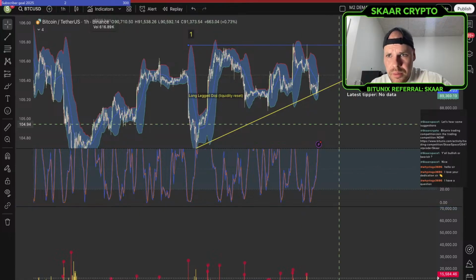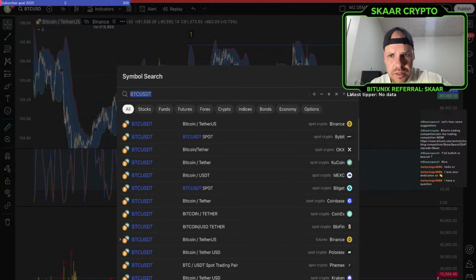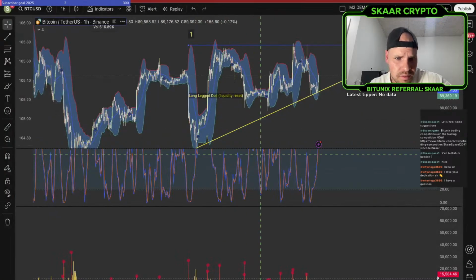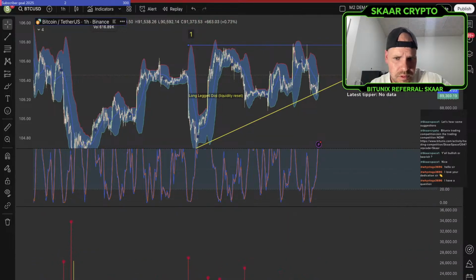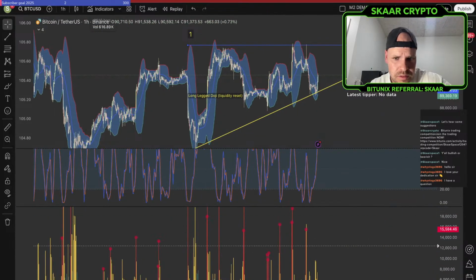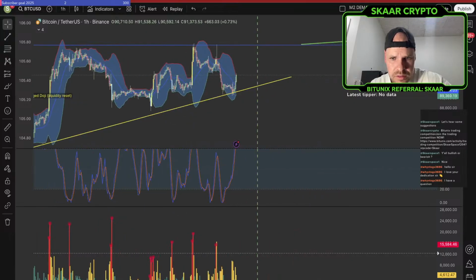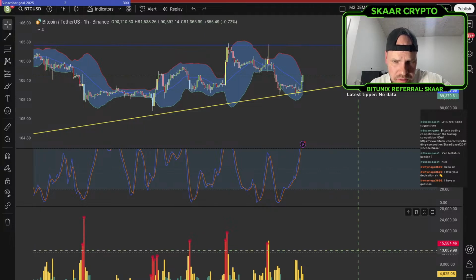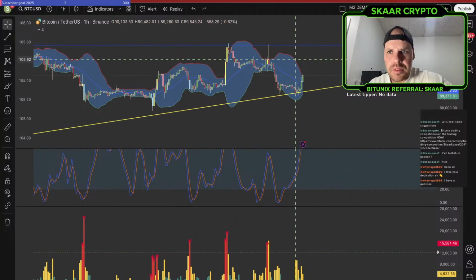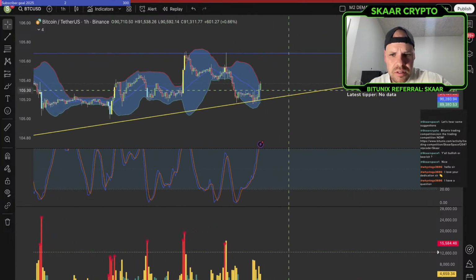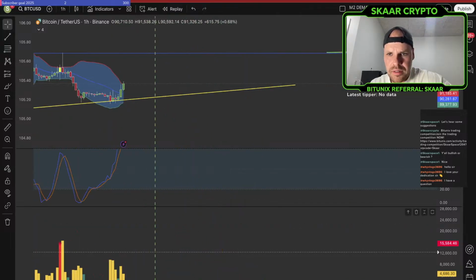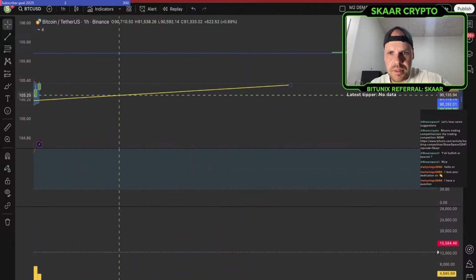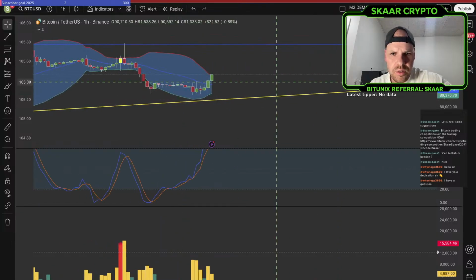There's something completely wrong with this indicator here. Was it that simple? Okay, yeah, fine. Sometimes it's just a quick little fix, a little setting that is completely screwing up the whole view.